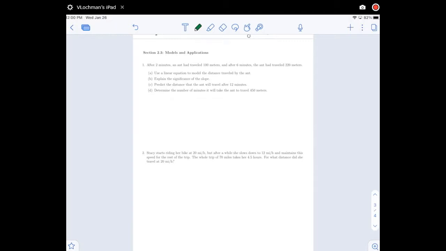Okay. All right, 12 o'clock. So we have covered the first 2 sections of this chapter. And in this section right here, 2.3, we will talk about models and applications. And here we will basically use linear functions, so that's the form y is equal to mx plus b, to model situations.